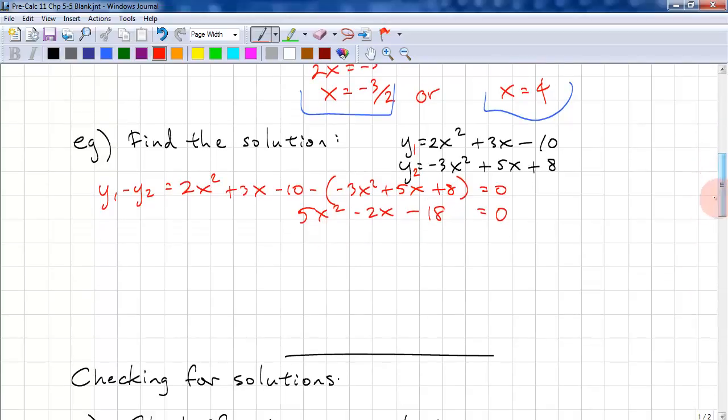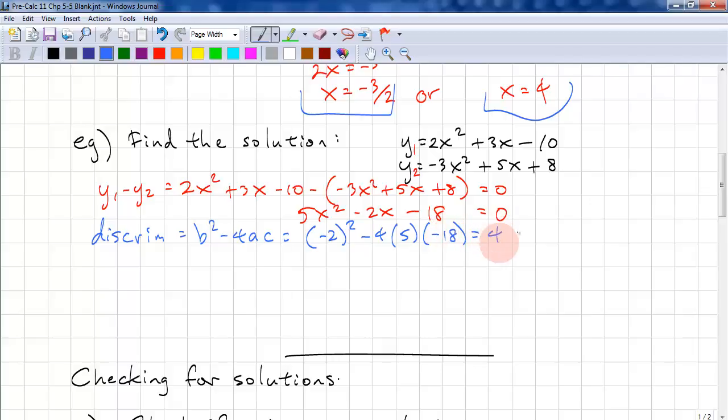What we want to do here is check the discriminant, because it's big. So discriminant equals b squared minus 4ac. This is negative 2 squared minus 4 times 5 times negative 18.